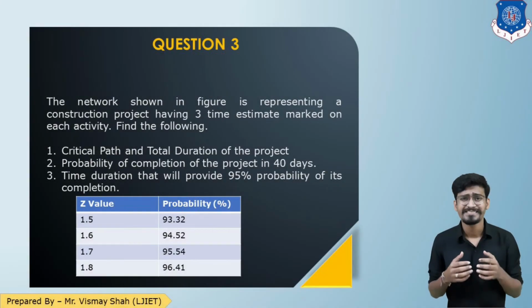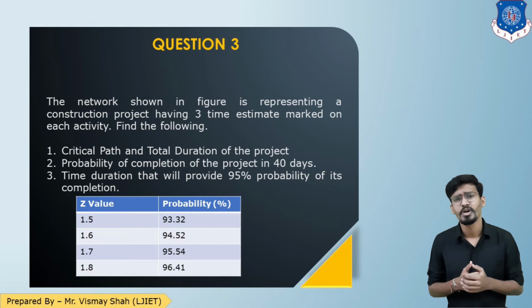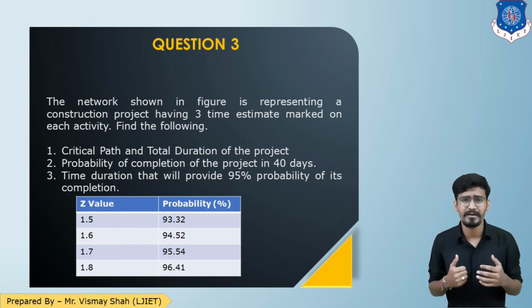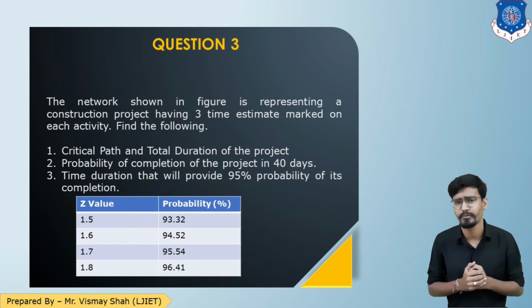So the question says that a network given in the figure is representing a construction project network having 3 time estimates marked on each activity. Now find the following.